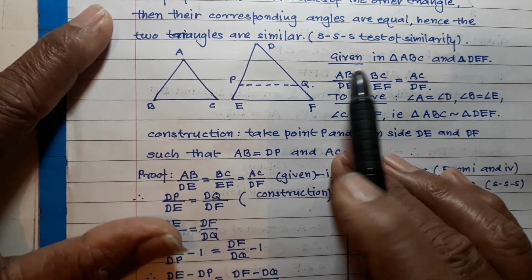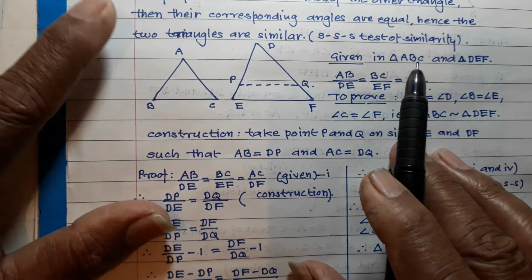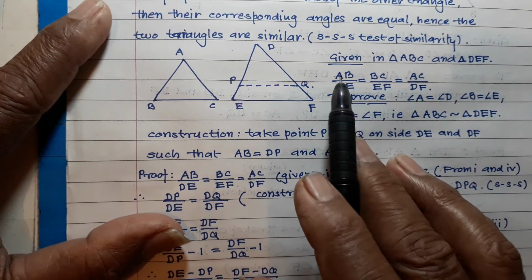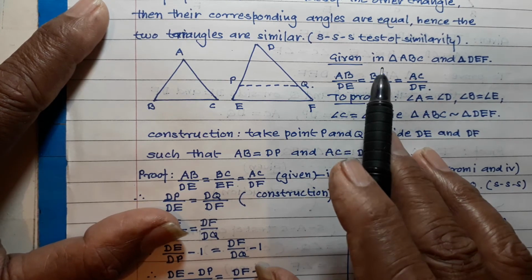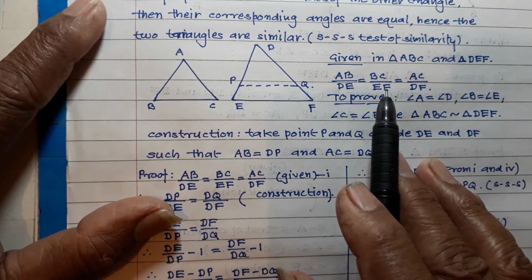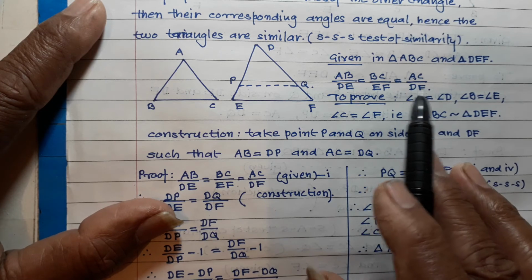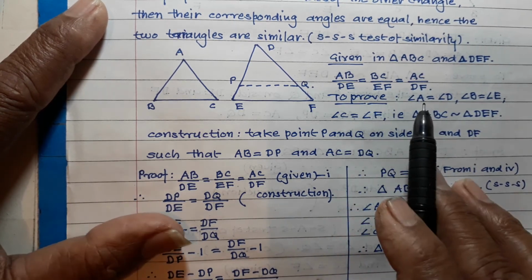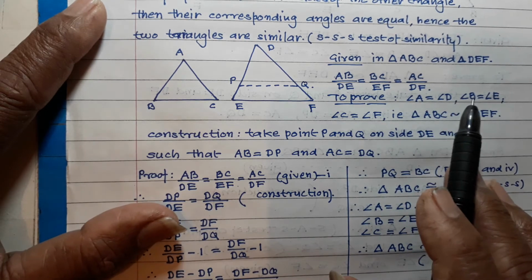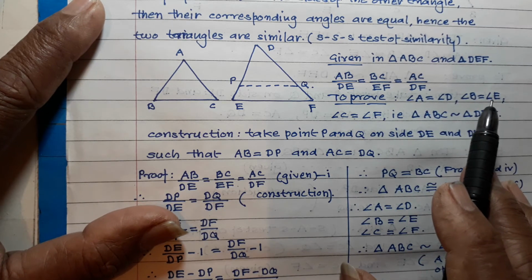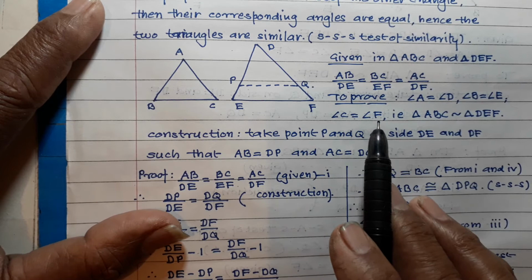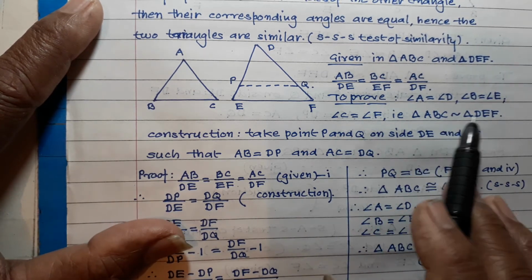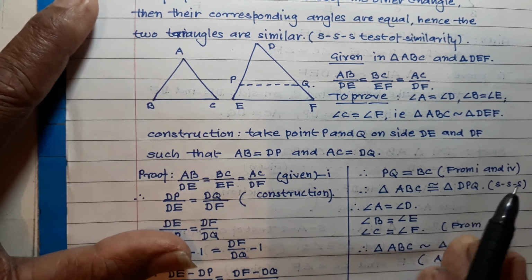Proof. Given: in triangle ABC and triangle DEF, AB upon DE is equal to BC upon EF is equal to AC upon DF. To prove: angle A is equal to angle D, angle B is equal to angle E, angle C is equal to angle F, that is, triangle ABC is similar to triangle DEF.